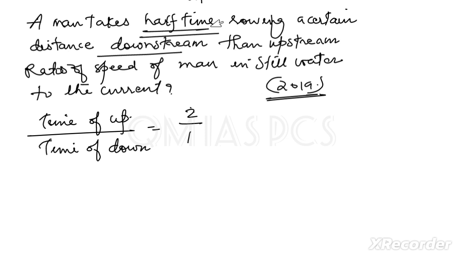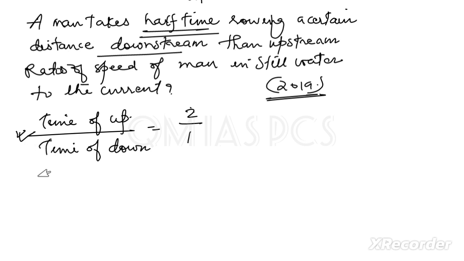Getting my point? You can consider anything, x, y, 1 hour, 2 hours, 4 hours, and based on that you have to write it in ratio form. Is it clear? Now we know that if the time ratio is given, the speed ratio is the reciprocal of that time ratio.